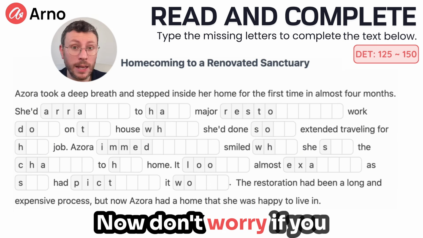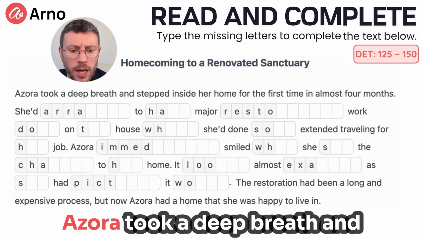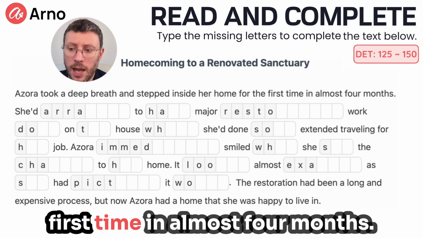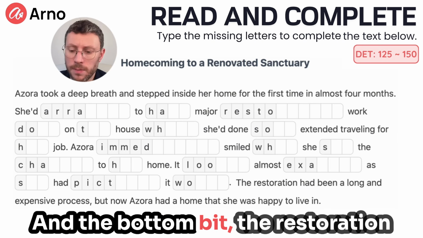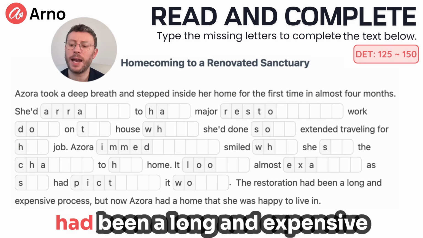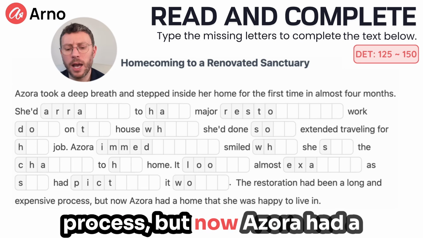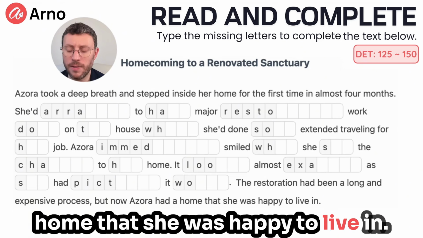Now, don't worry if you don't know all the words. Azora took a deep breath and stepped inside her home for the first time in almost 4 months. And the bottom bit, the restoration had been a long and expensive process, but now Azora had a home that she was happy to live in.